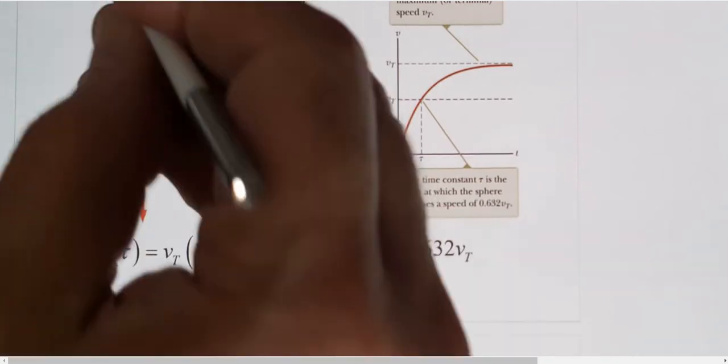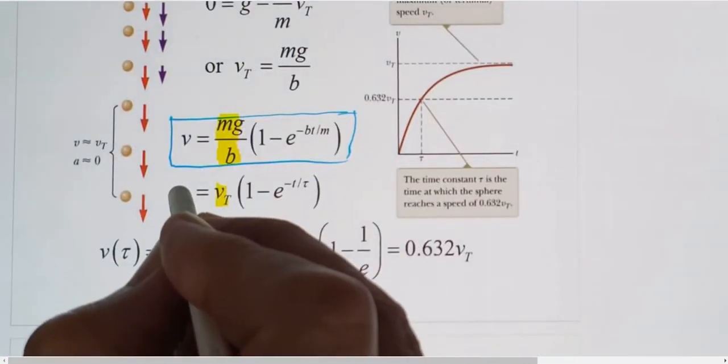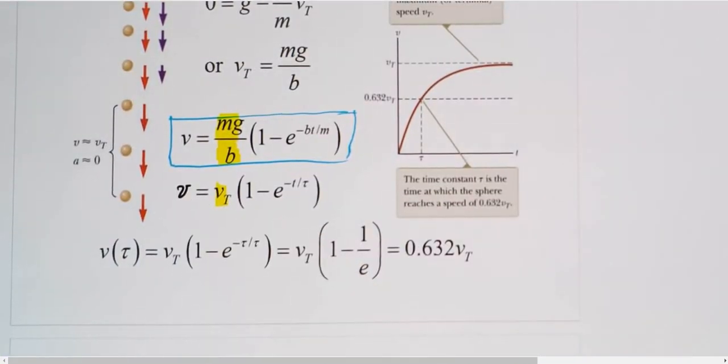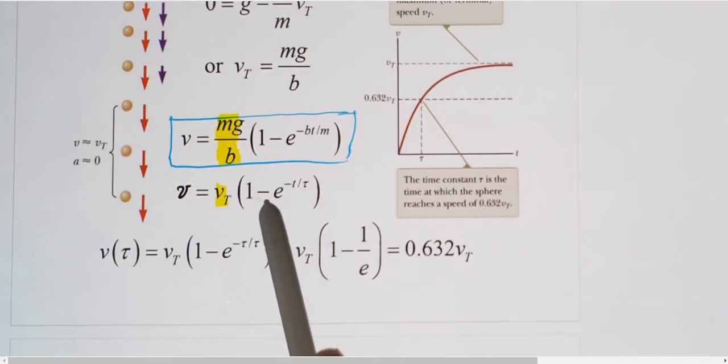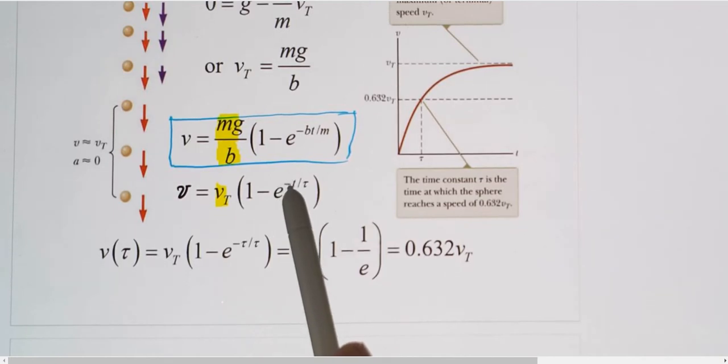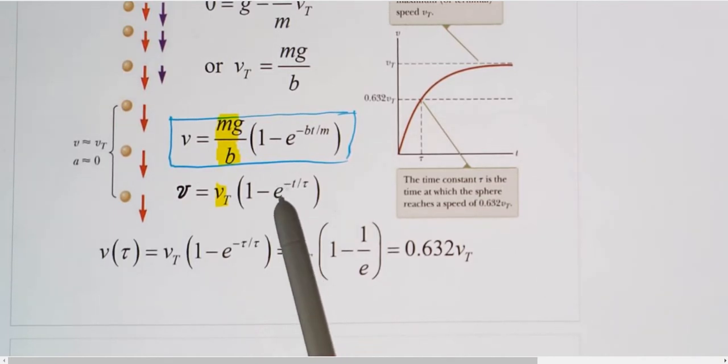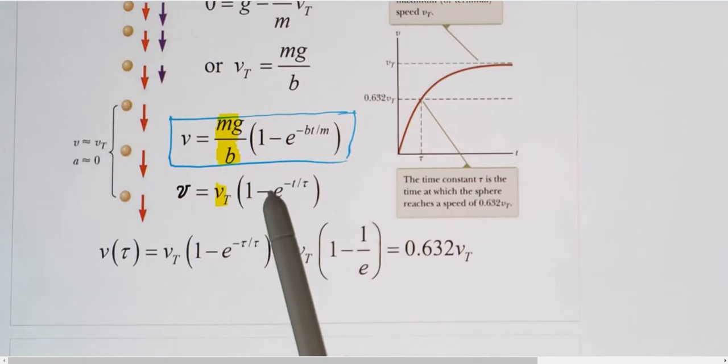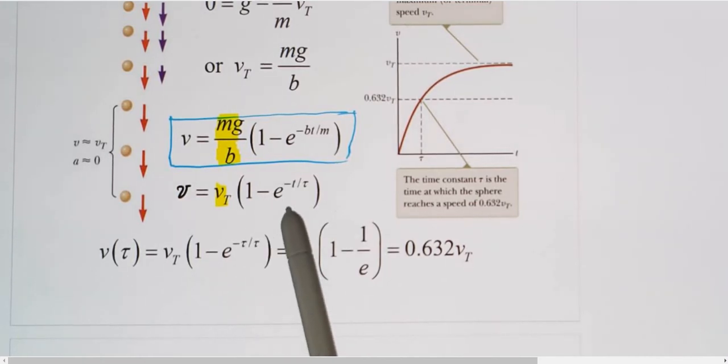So then in general, v, the magnitude of the velocity in this system, is the terminal velocity multiplied by 1 minus e to the power minus t over tau. And tau, we just determine it from experiment. And t is the time starting from the motion when you have the object moving inside the liquid.